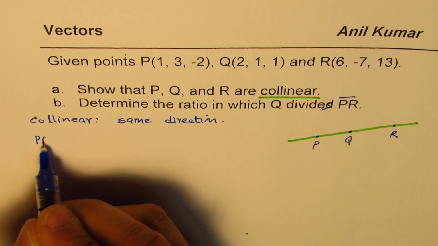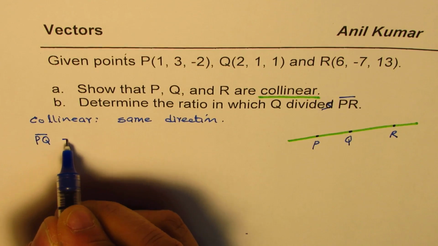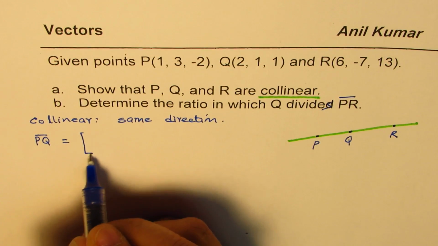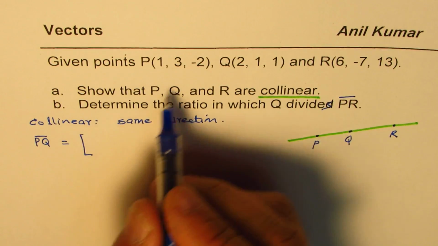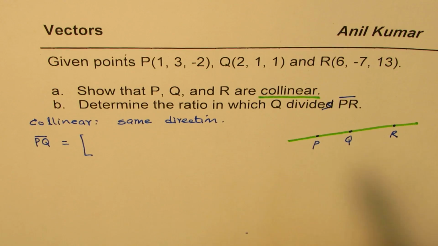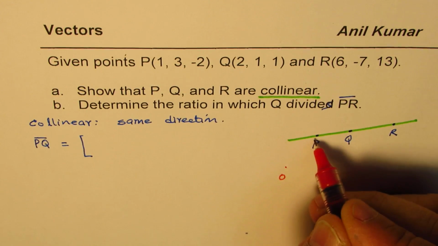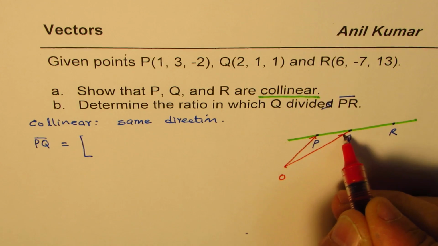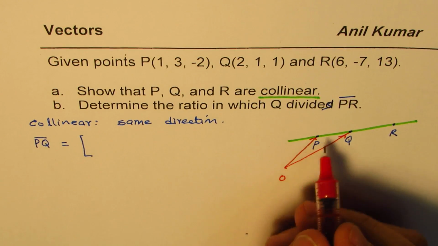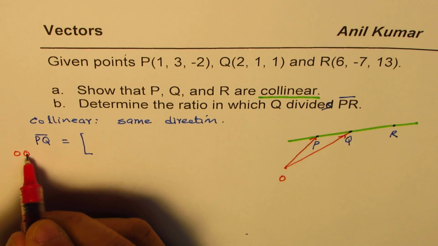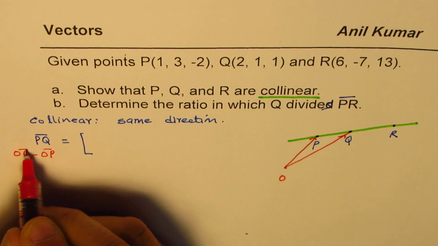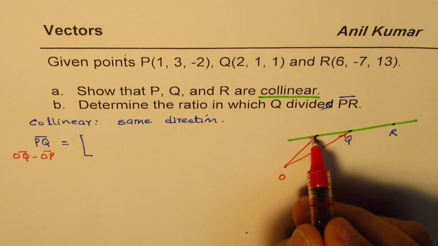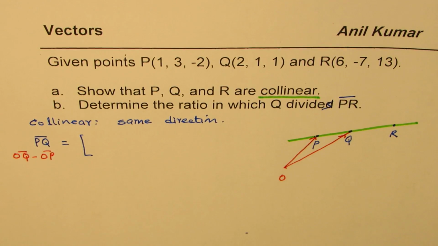So what is the direction of PQ? If I am checking with reference to a frame, let's say we have origin O here, in that case OP becomes the position vector, right? So PQ will basically be OQ minus OP. That is why we subtract these points: from the origin, coordinates of Q minus coordinates of P. It's an important concept to understand.